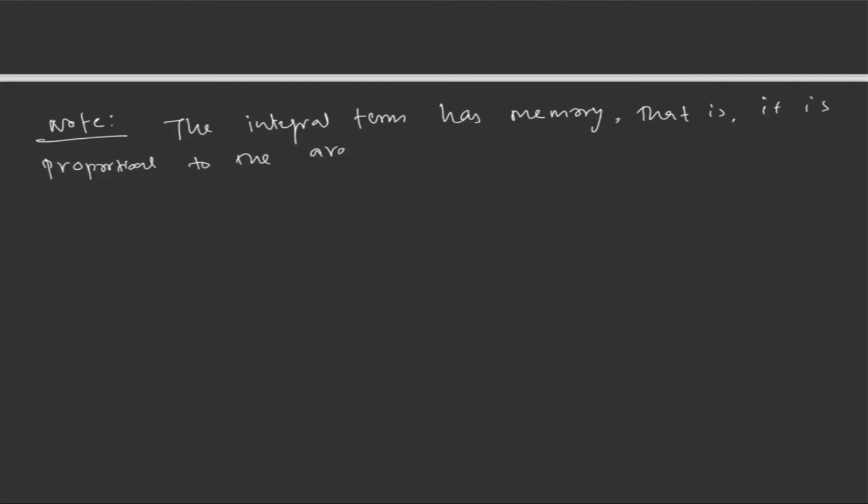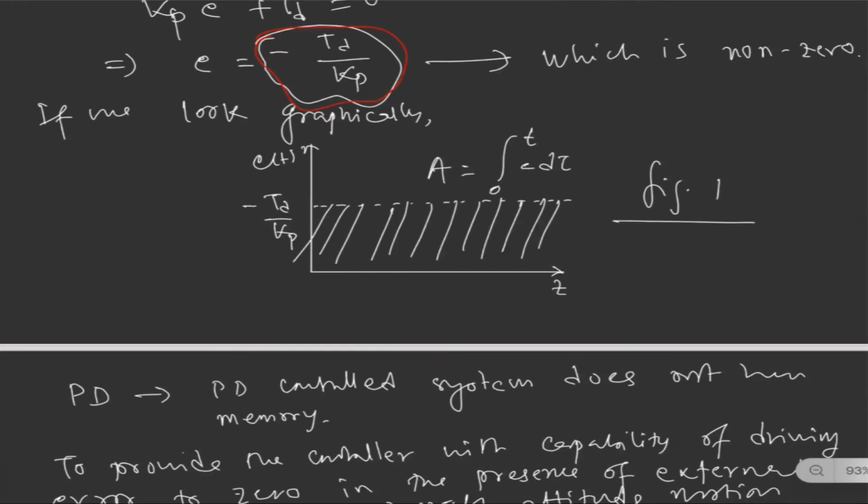The integral term has memory, that is, it is proportional to the area under the error curve. This is my area, error curve area A.